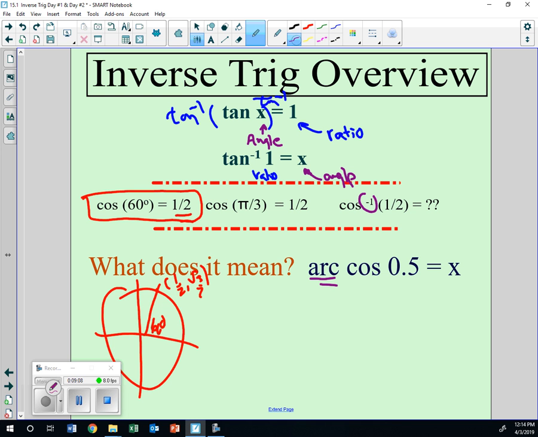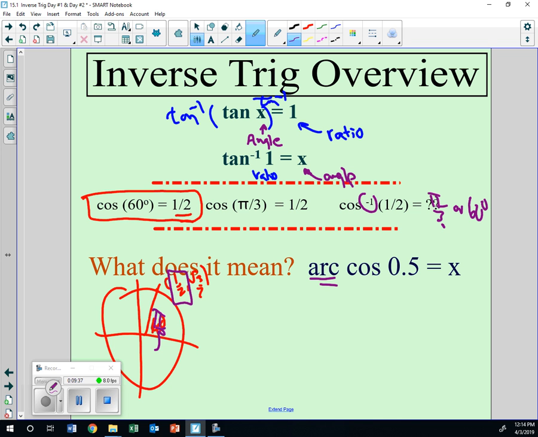What's the cosine of pi over 3? Still 1/2, right? So if cosine of 60 is 1/2 and cosine of pi over 3 is 1/2, what's the inverse cosine of 1/2? Which one is it? Is it pi over 3 or 60? And the answer is I can't tell unless you look at this.